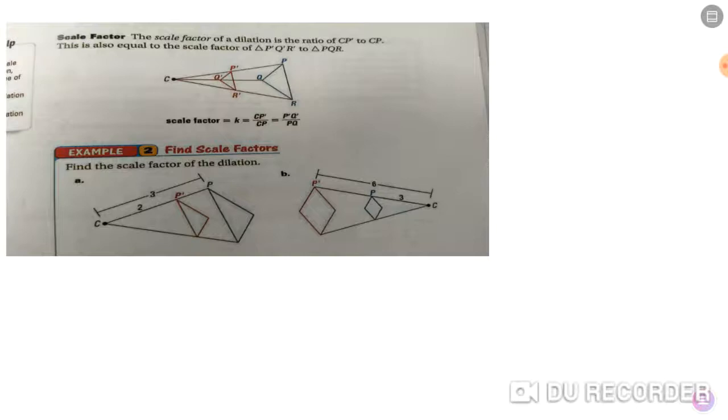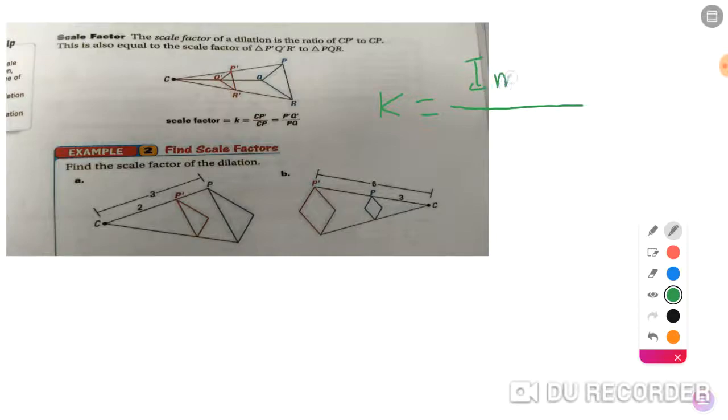So what does it mean? Actually, I would like to set this rule in order to find the scale factor of the dilation. I can say that the scale factor of the dilation, which is K, equals image length over pre-image length.